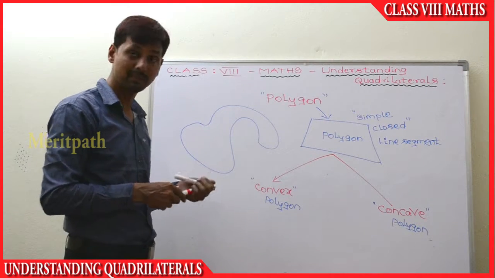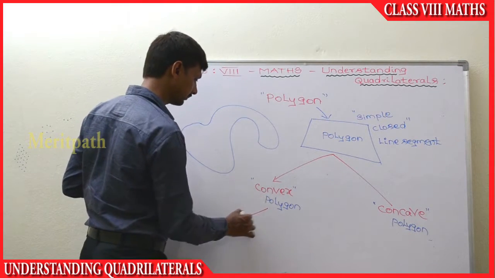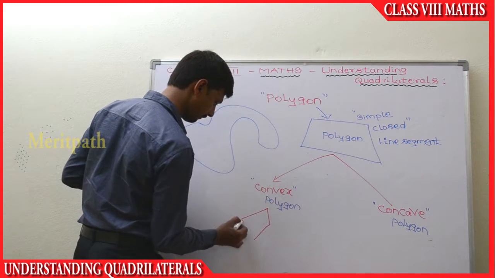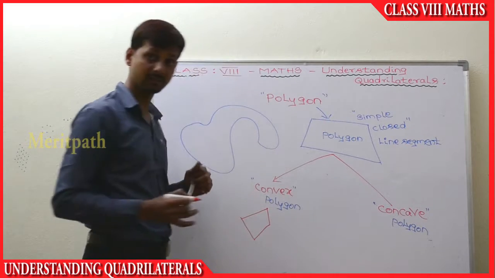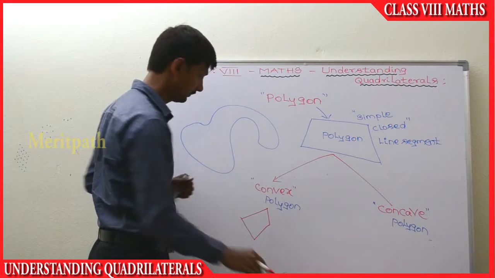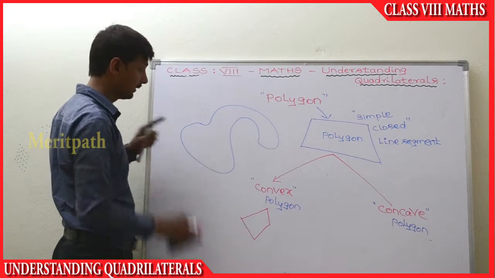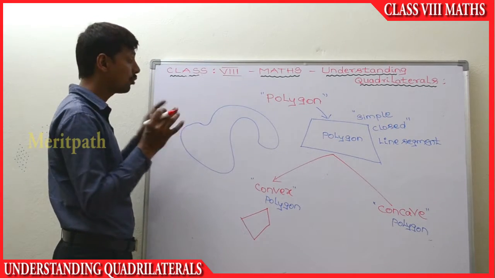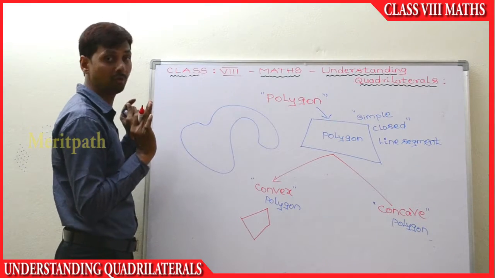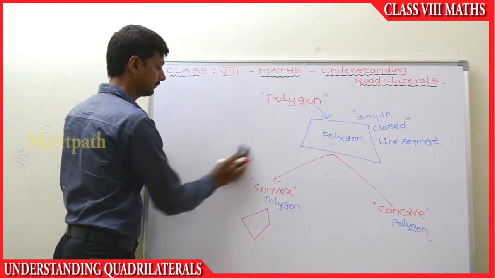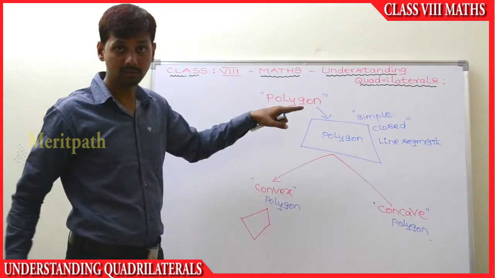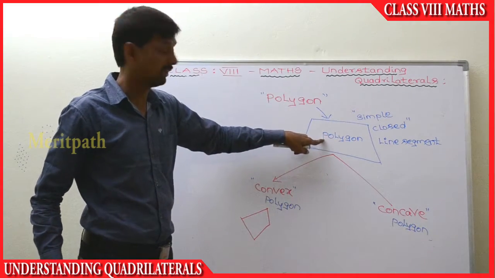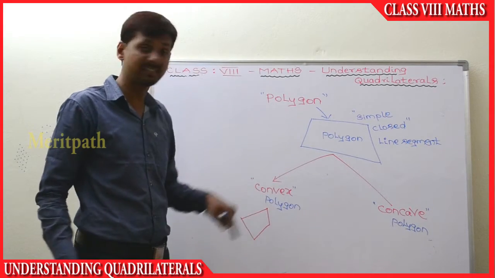Suppose, for example, we draw a simple closed figure. That's just a simple closed figure we have discussed, but it's not bounded with line segments. That's okay. Here we discuss the simple closed figure which is bounded with line segments. That is a polygon. Polygons are of two types, convex and concave.